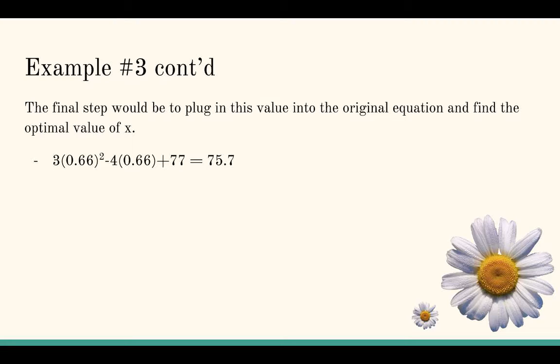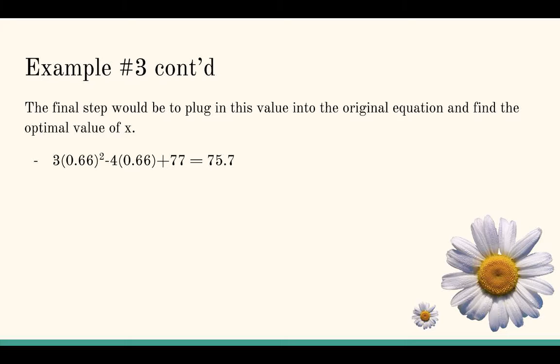Okay, now that I have done that, the final step would be to plug this value into the original equation and find the optimal value. So once you plug 0.66 into the original equation, which is what you're trying to find, this equation could be representing something like your total revenue if you have a business, or the total area you need if a farmer is building a house for his chickens or pigs, then this would be a helpful tool.